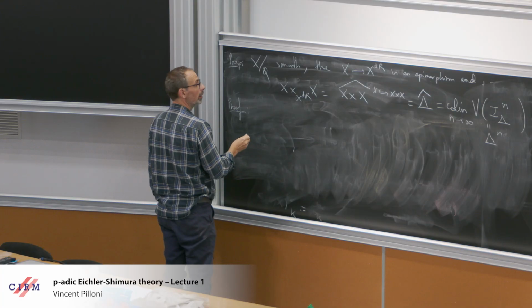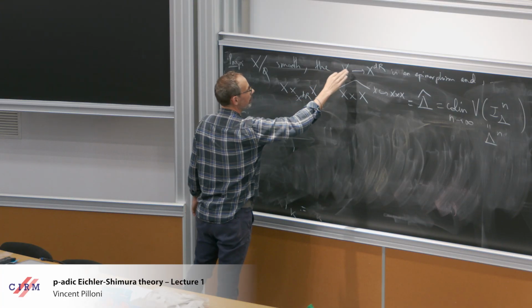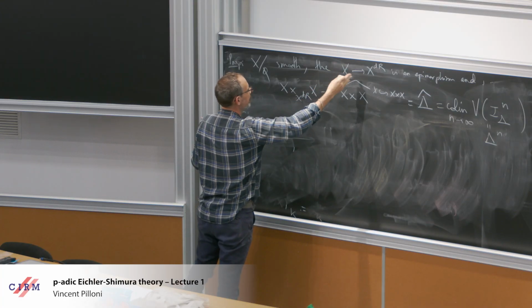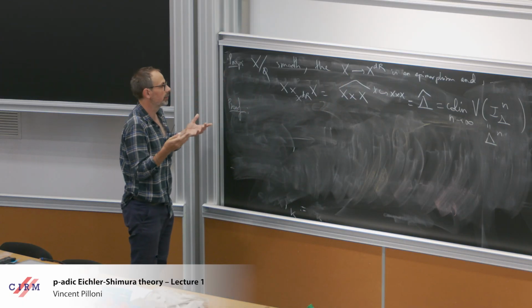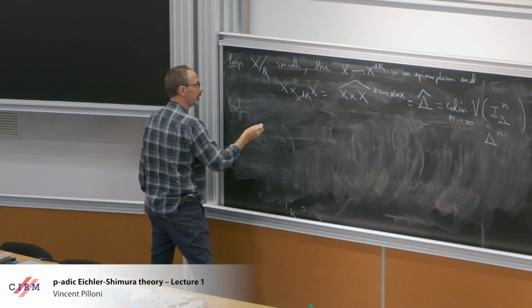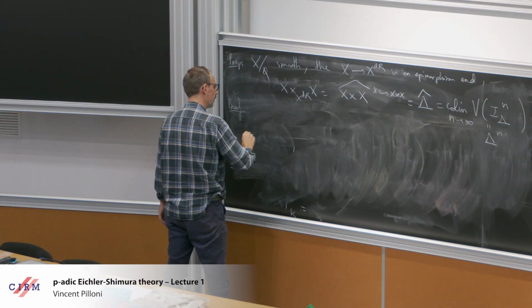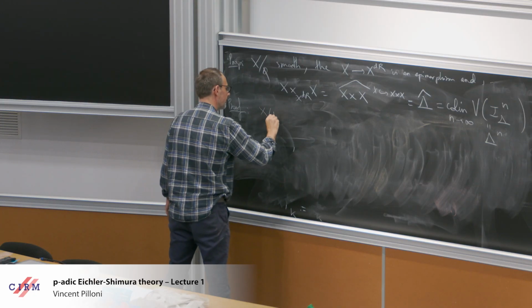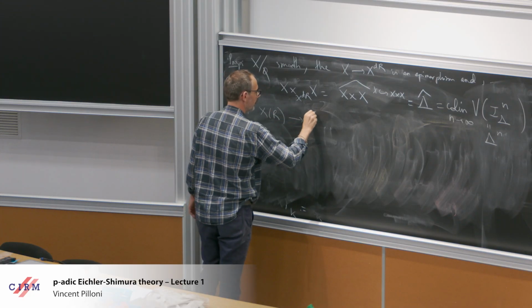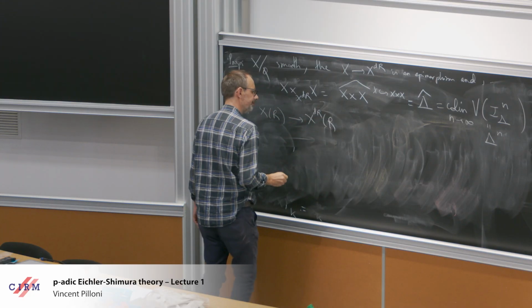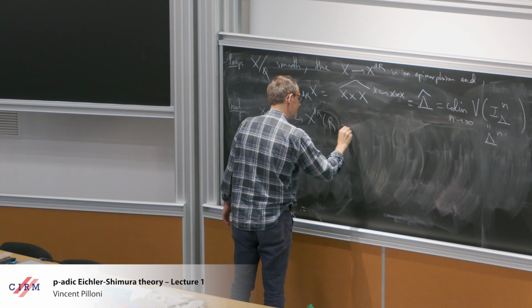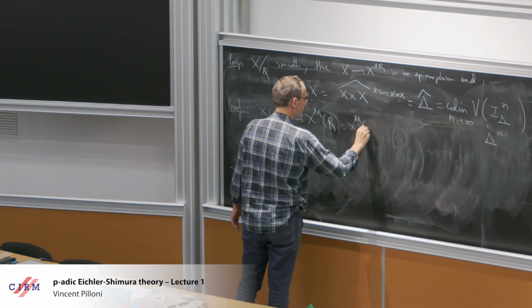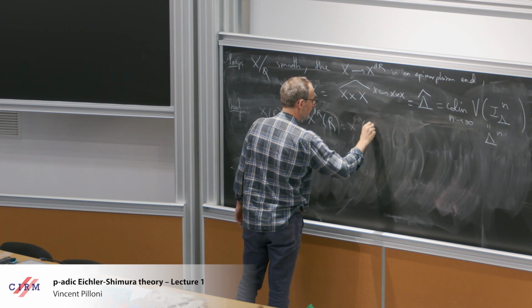First, what is this map? I wrote that there is a map as if this was obvious. If you unravel the definition, this is indeed clear. You have a map from X of R to X de Rham of R, because X de Rham of R is just X of R red.